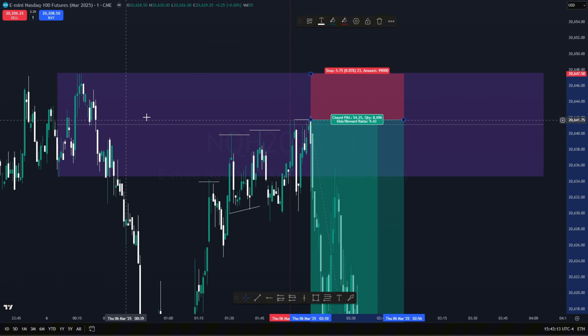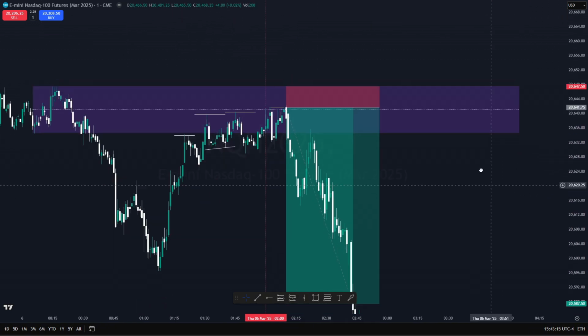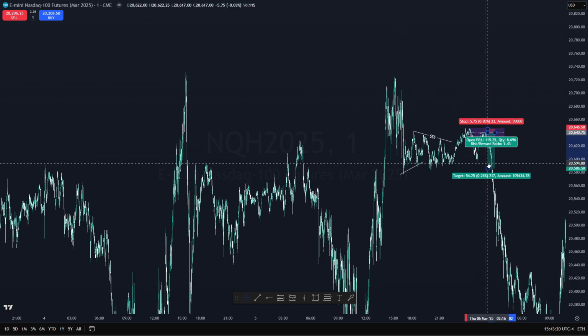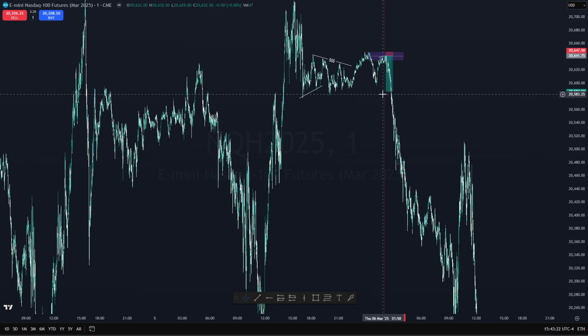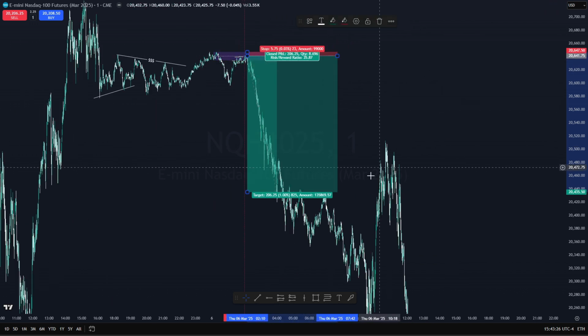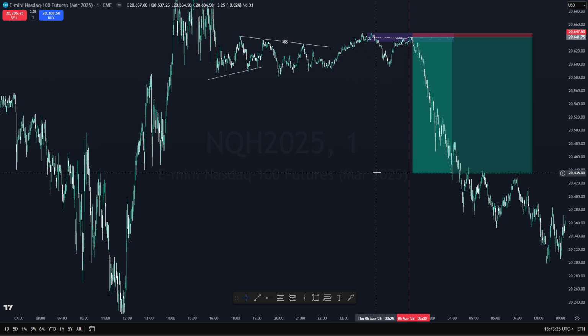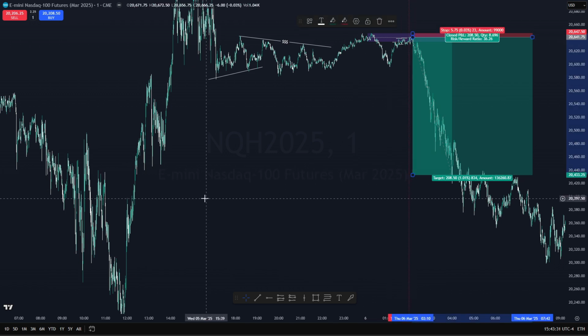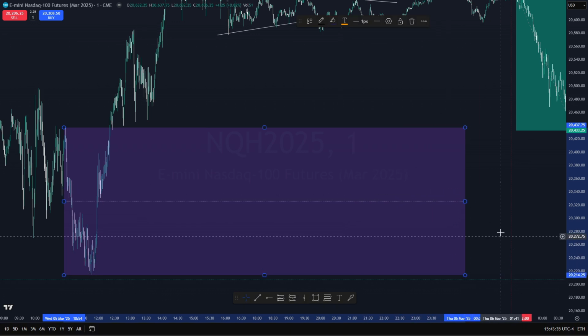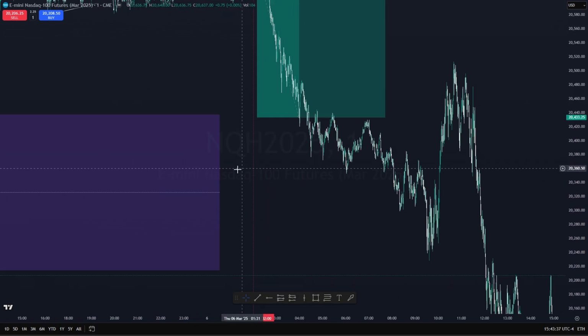Stops above there. And then with our anticipated higher time frame bias, you just ride along. I took off half the position right there because this one here was an order block.